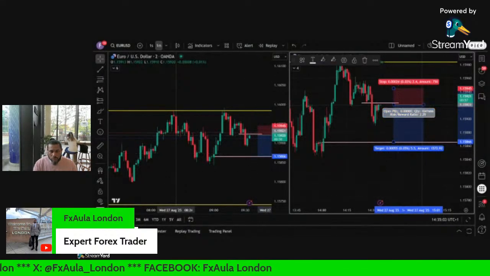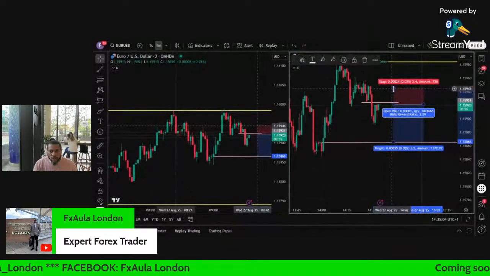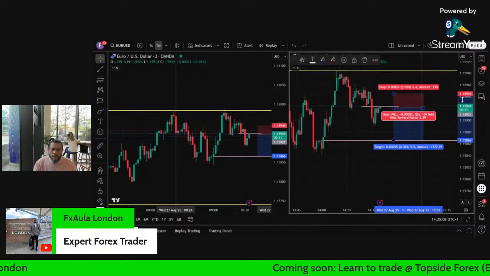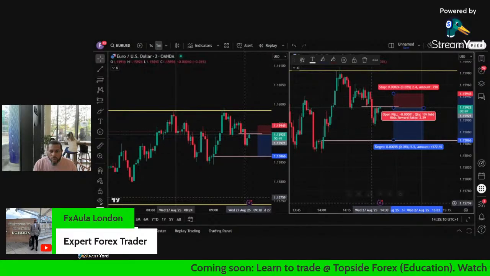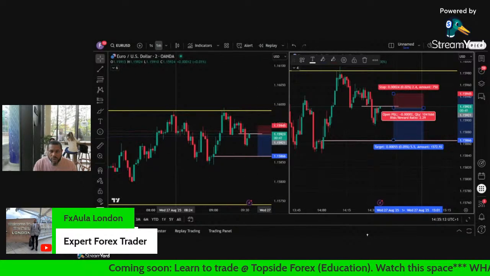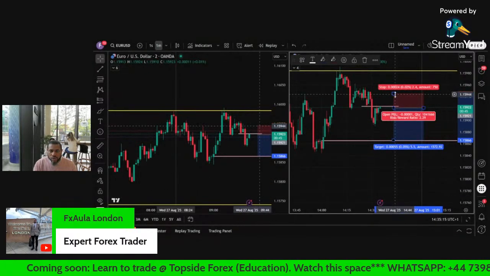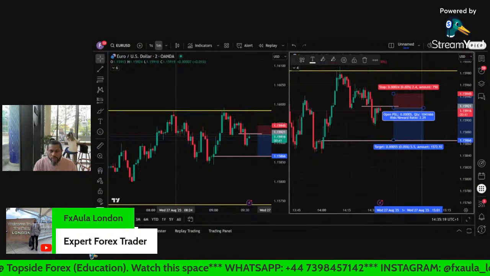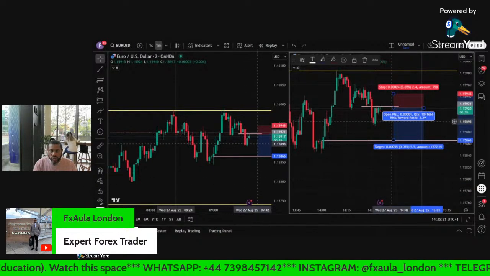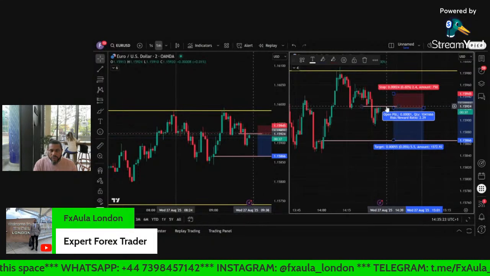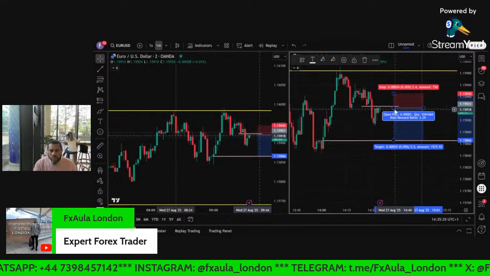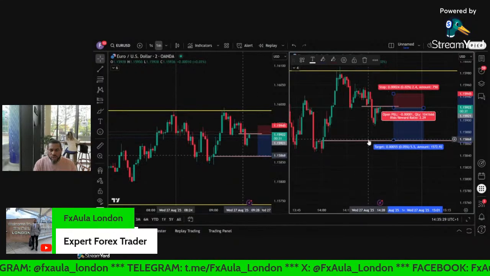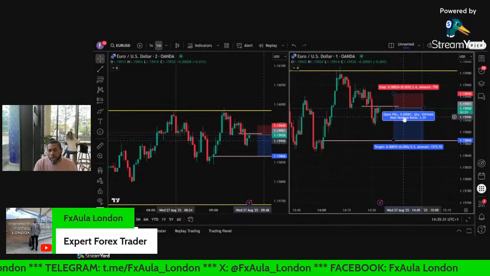Okay, so I have my stop loss here. And if I'm going to be stopped out, it will be very fast and no problems. So if price goes down from around this area, I may get a risk to reward ratio which is not bad. Let's see what happens.